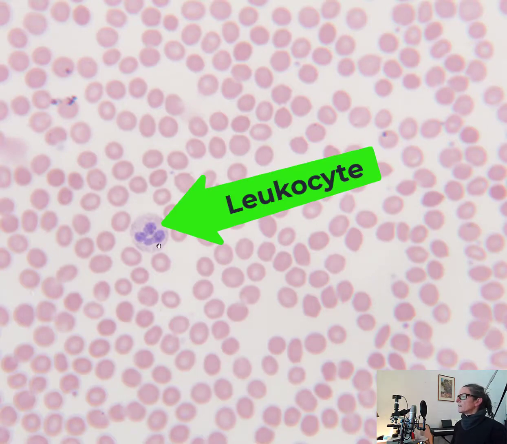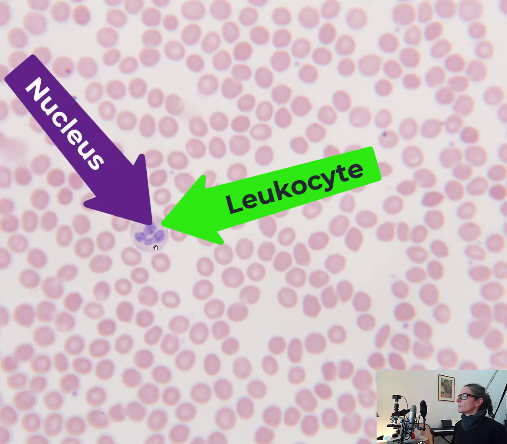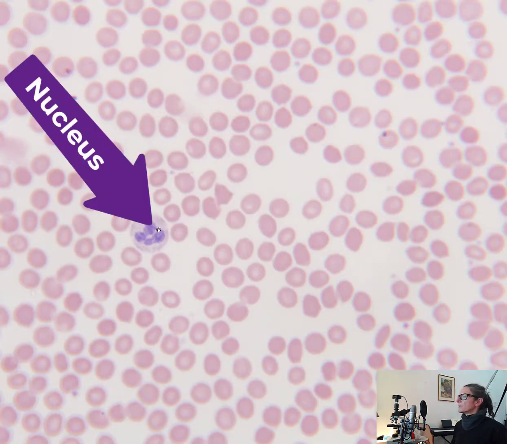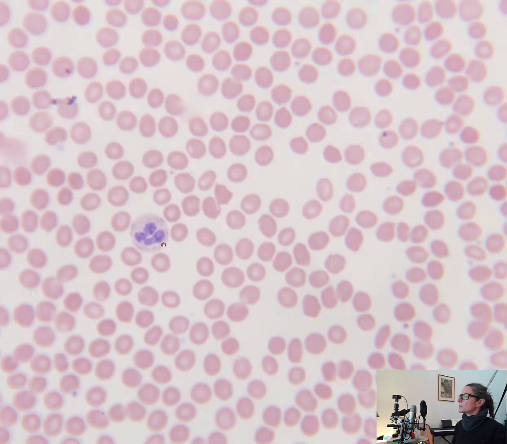And they do have these dark staining, typically purple nuclei. And the nuclei can be anywhere from a giant circle that takes up most of the space inside the cell, and it looks like a big eye looking at you, to these what we call polymorphonuclear, meaning they have multiple lobes and are kind of oddly shaped. But in any case, we'll get into the 5 different types of white blood cells next semester.